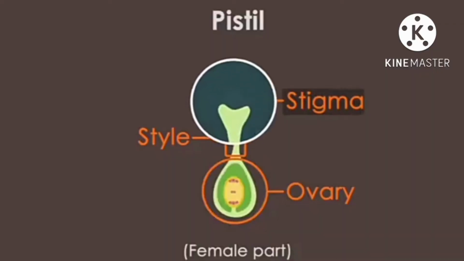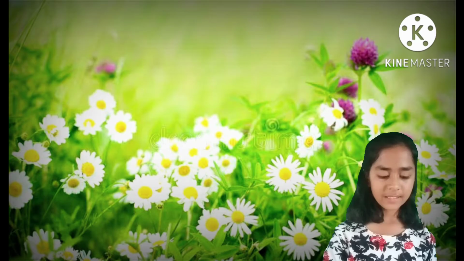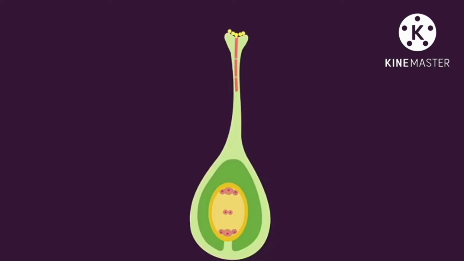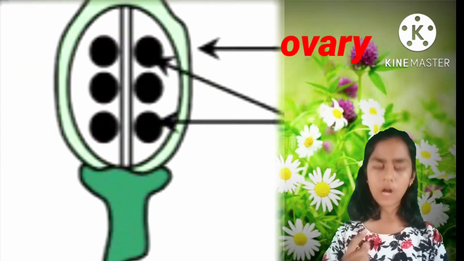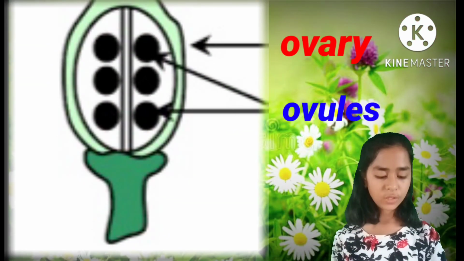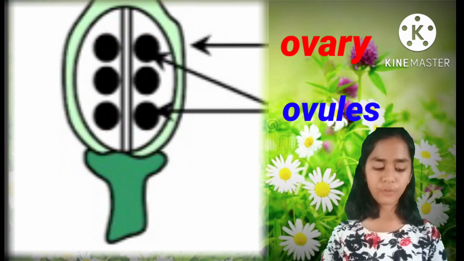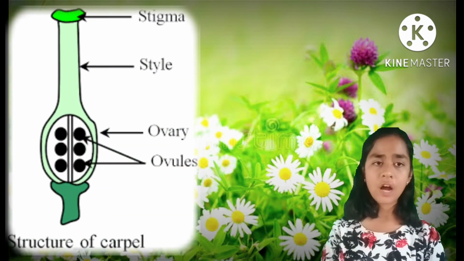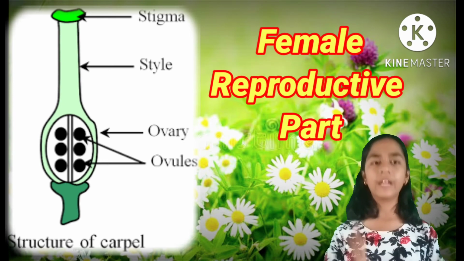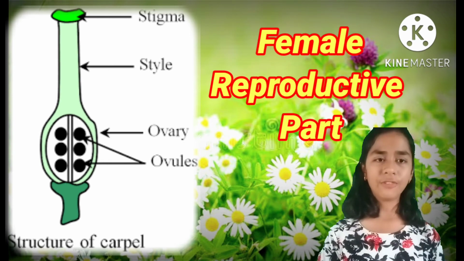The stigma receives the pollen grains and the style transfers the pollen grains into the ovary. The ovary contains small rounded bodies called ovules, which contain the female gamete, and for this reason gynoecium is called the female reproductive part of a flower.